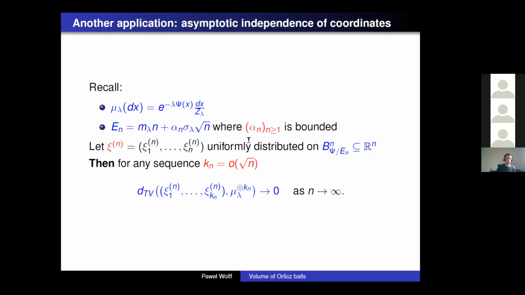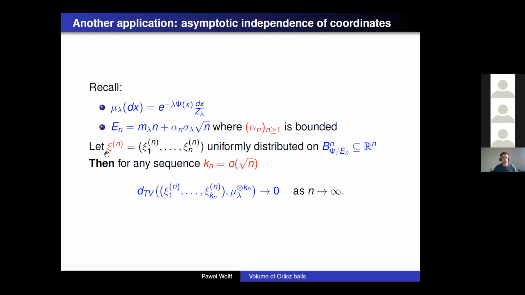So let me recall our object, which is this measure, and our rescaling levels, which are proportional to the dimension, with this mean as the proportion, and we are moving around within a window of the size square root of n, by means of the bounded sequence alpha n.